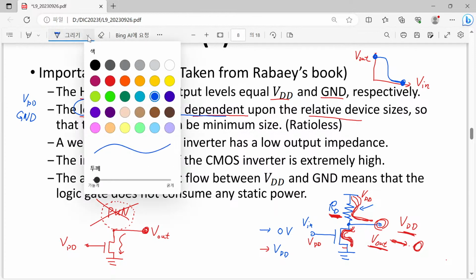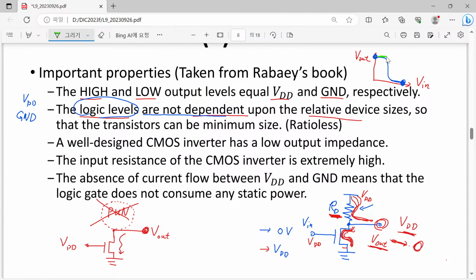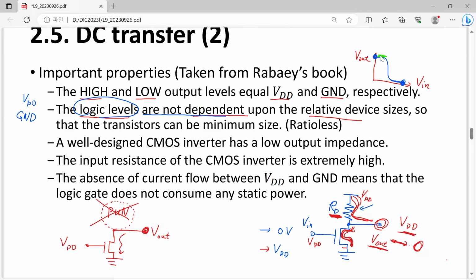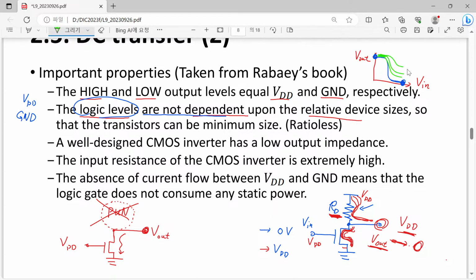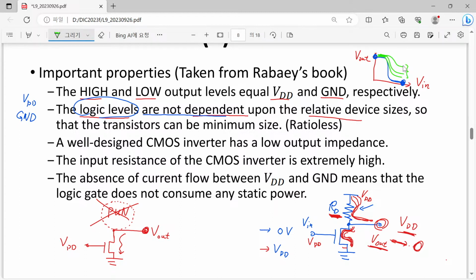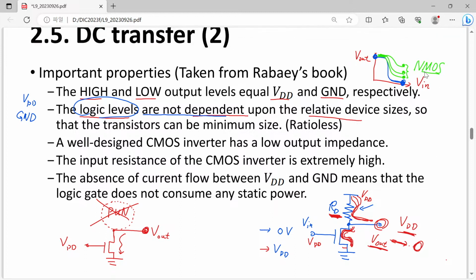But in the case of this MOS implementation, this low input case is okay, but in the high input case we have different values and different values. Who decided this final output level? Actually, your MOSFET determines the output level when you have the input equal to VDD.